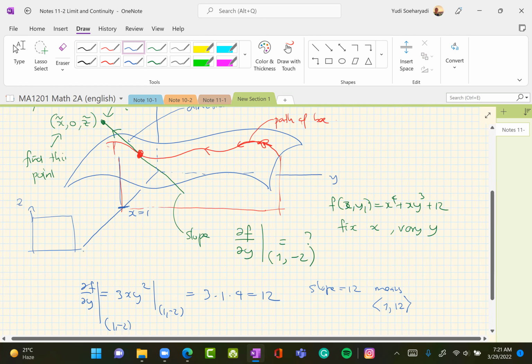This is y. The directional vector is something that looks like: x doesn't move, 0.